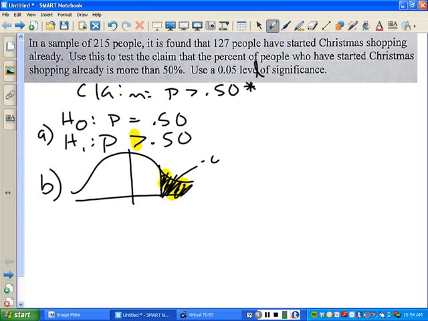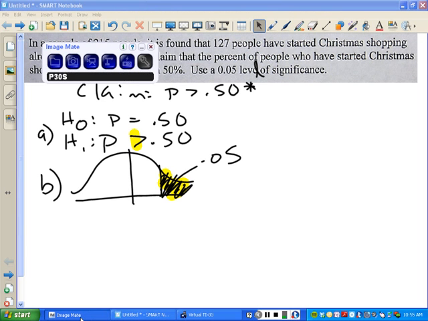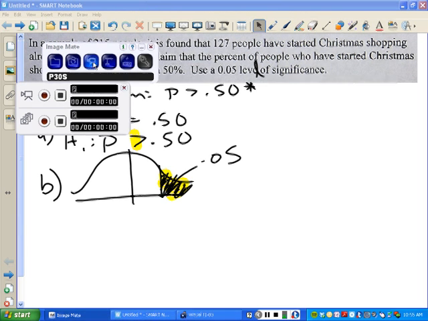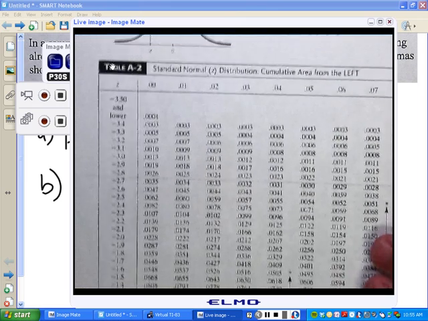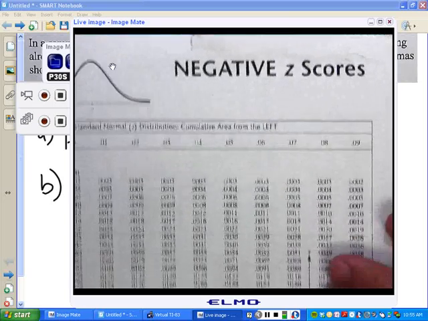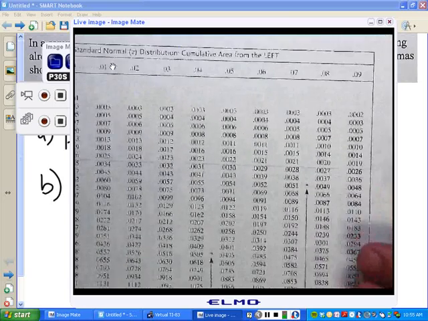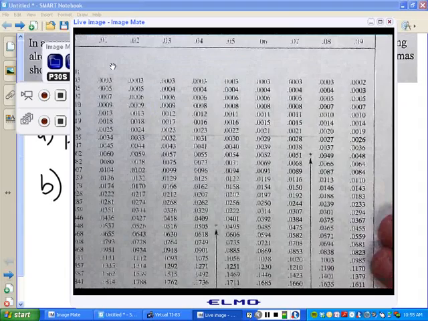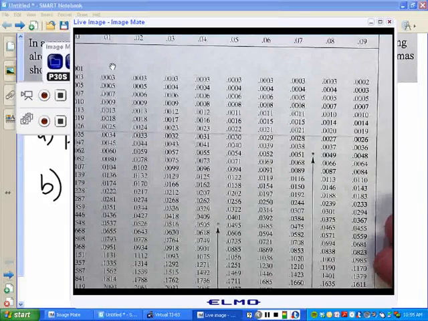So if this area here is 0.05, that puts us looking at the negative z-score chart, right? When I'm looking on a negative z-score chart, what I'm looking for is 0.0500.